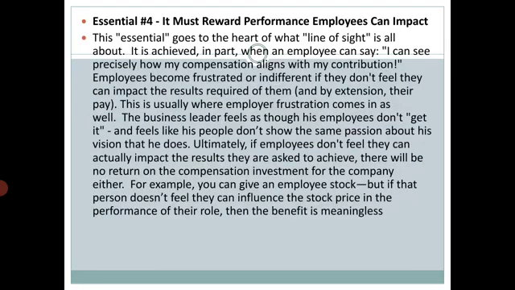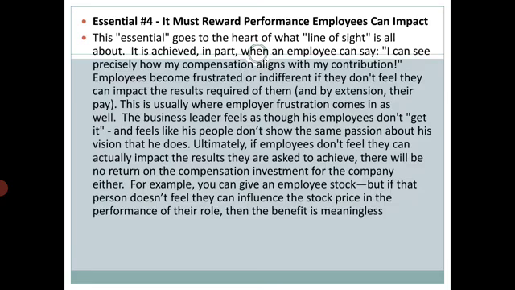Then the fourth essential is that it must reward performance employees can impact. This essential goes to the heart of what line of sight is all about. It is achieved in part when an employee can say, I can see precisely how my compensation aligns with my contribution.